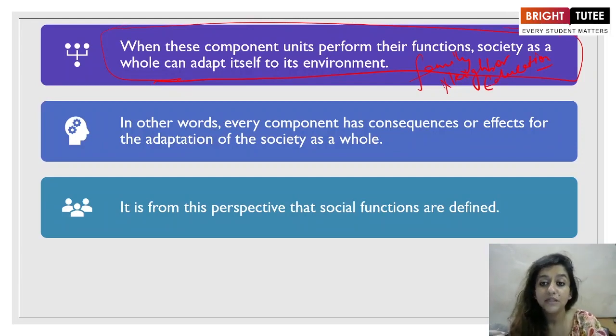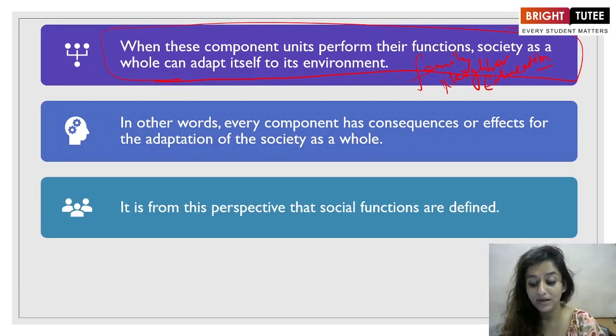So all of these scenarios have this aspect, and when all of these functions are being performed properly, that is when the society as a whole can adapt itself to its environment. That is when the society as a whole will be able to run properly and adapt to the environment around it.